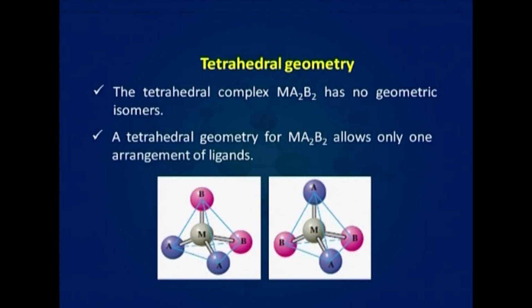As this figure shows, a tetrahedral geometry for MA2B2 allows only one arrangement of the ligands. The group on the top can be rotated to look like the group on the bottom. A and B are any two ligands. In this case, all the 4 ligands are symmetrically arranged with respect to one another, hence geometrical isomerism is not possible.